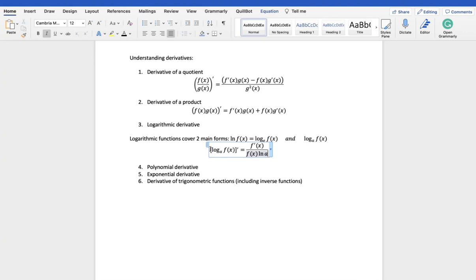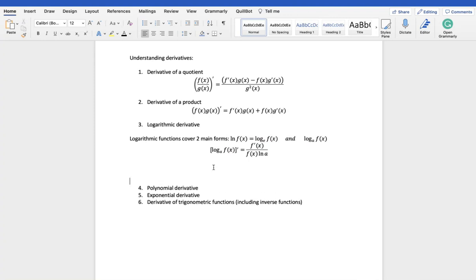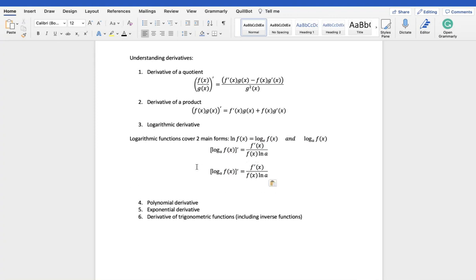So now if we have the special case of the natural logarithm, and you're trying to find the derivative of some function f of x to the base e, then that is just equal to the derivative of f of x, which is the same as in the general form, divided by the original function, but now multiplied by, because in our case a is equal to e, ln of e.